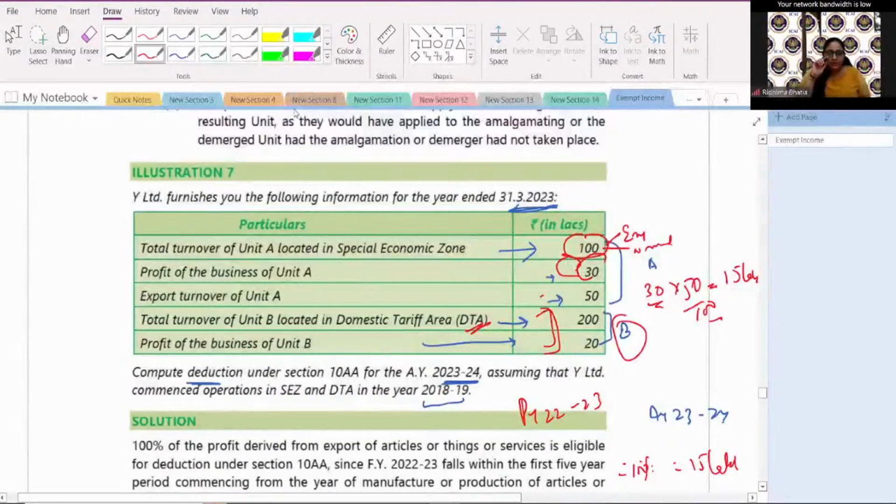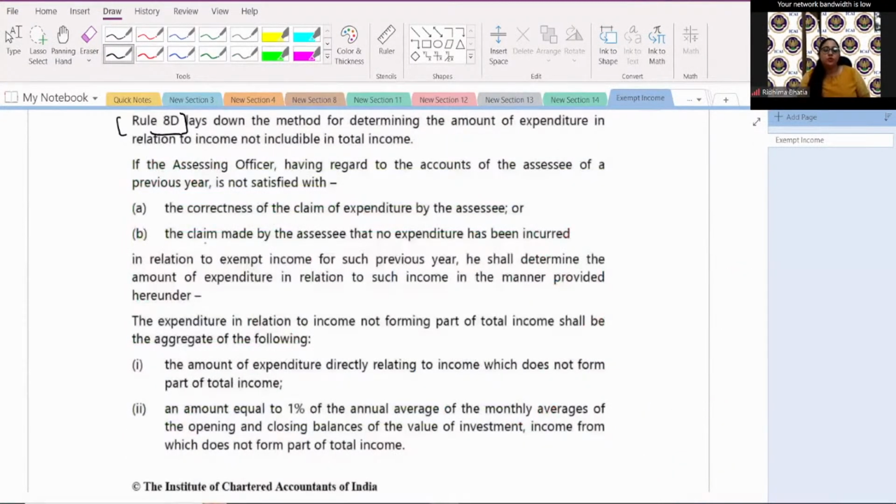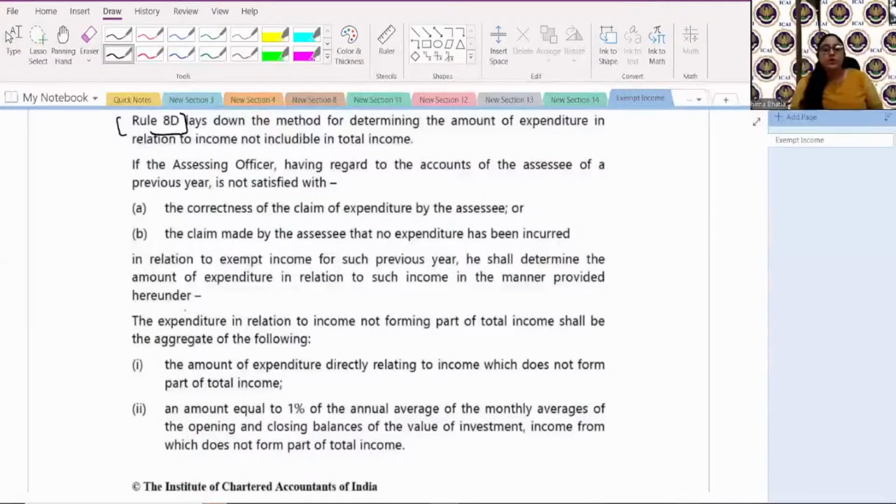If the expenditure is in relation to the investments, जिसका income is not taxable, then a certain percentage of that investment should also be disallowed.